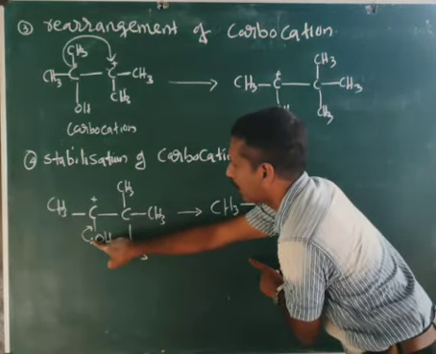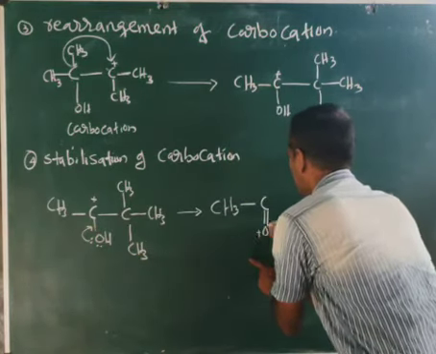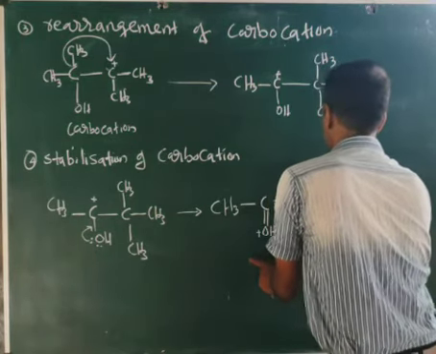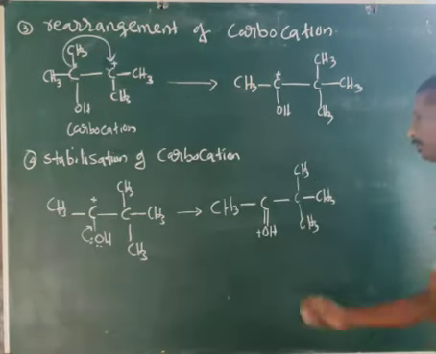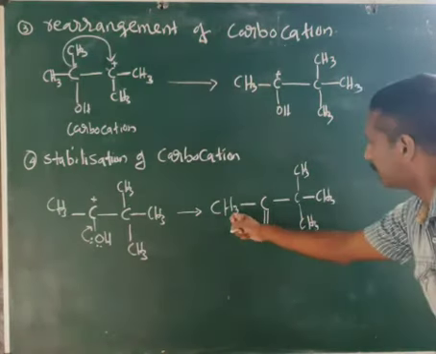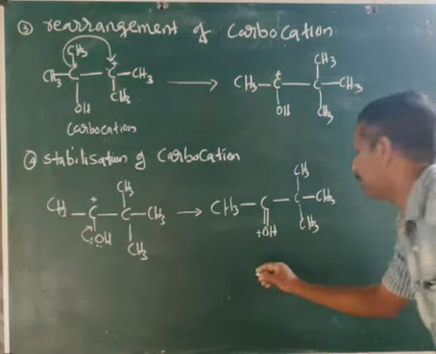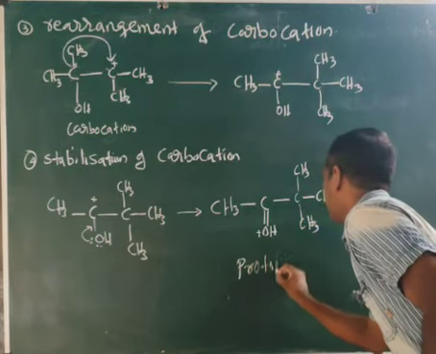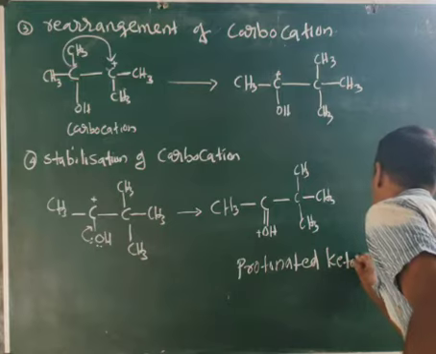Since the lone pair electrons are donated for bond formation, this oxygen gets a positive charge, and here it is CH3, CH3, CH3. This is CH3, C double bond O, and on that oxygen there is a hydrogen. That means this is a protonated ketone.